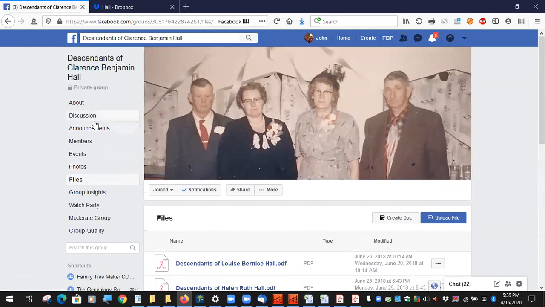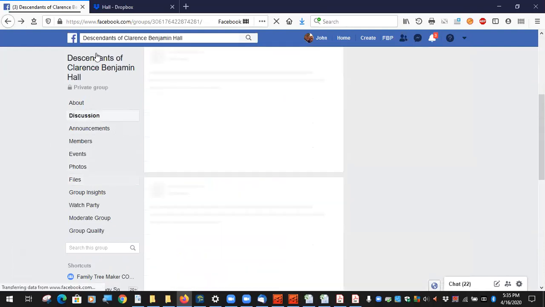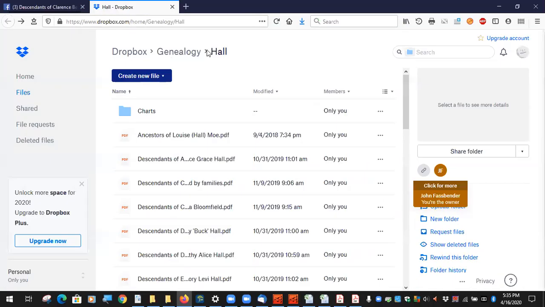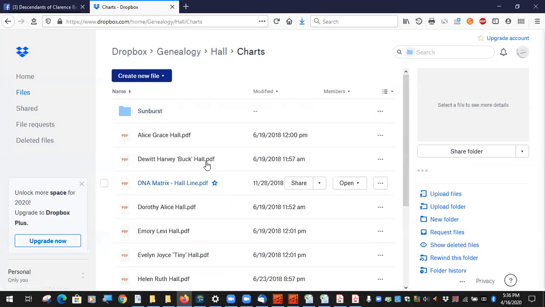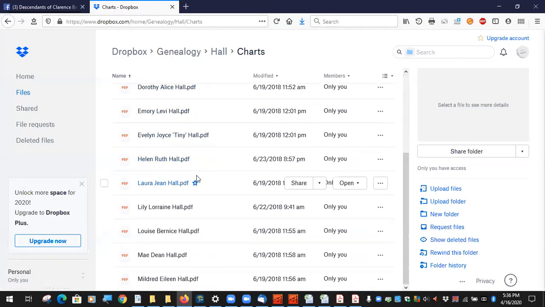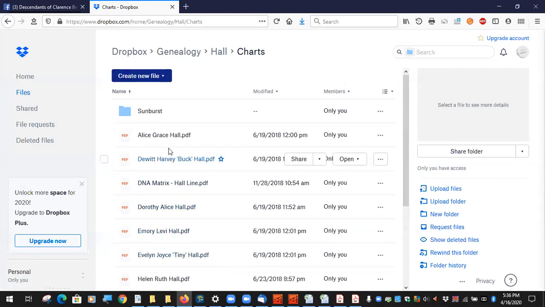The charts in here are all from Charting Companion. Even for the descendants trees, I just prefer them over the ones in Family Tree Maker.